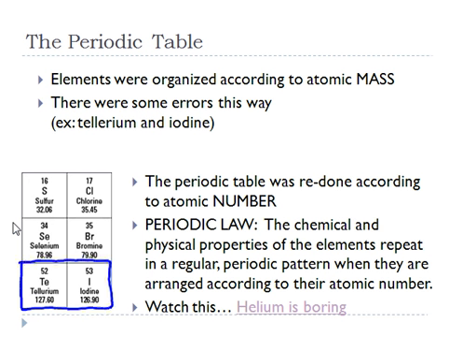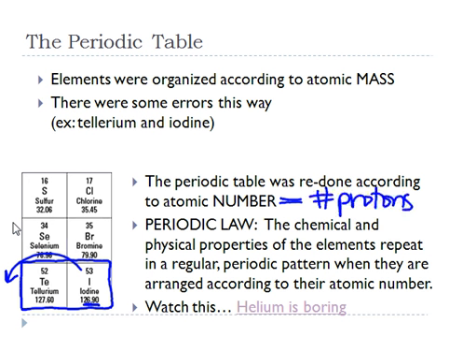If I arranged these in order of atomic mass, iodine should actually come before tellurium because it's got a lower mass than tellurium does. People realized this and discovered that some of these elements weren't being grouped according to their properties, so they rearranged it and redid the periodic table according to atomic number, which is the same as the number of protons. That's what we learned in the last video.